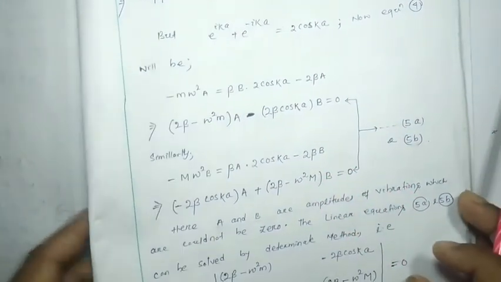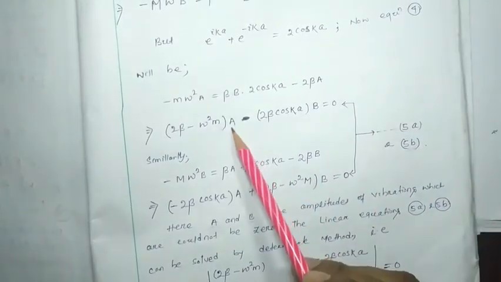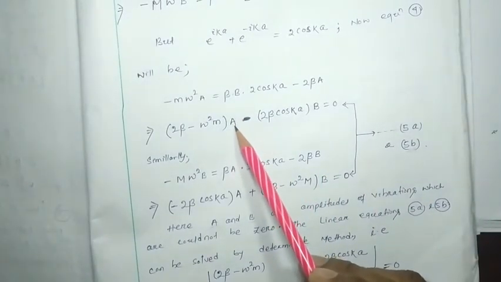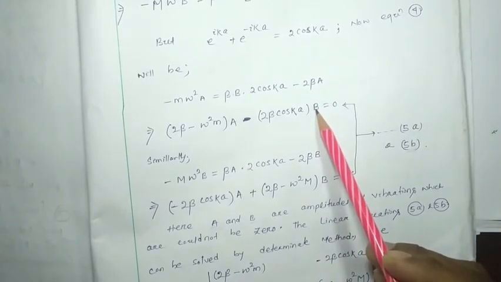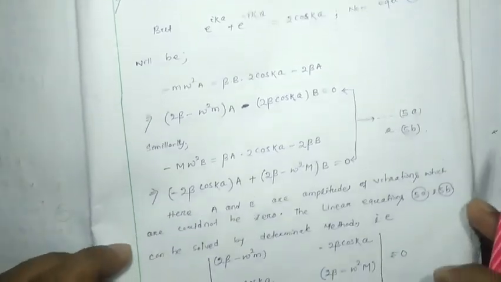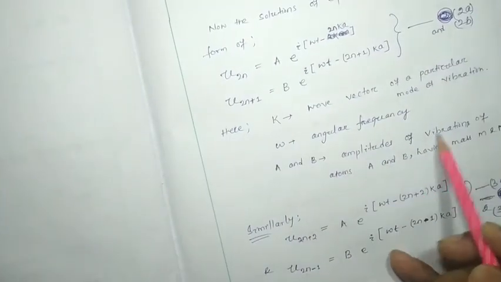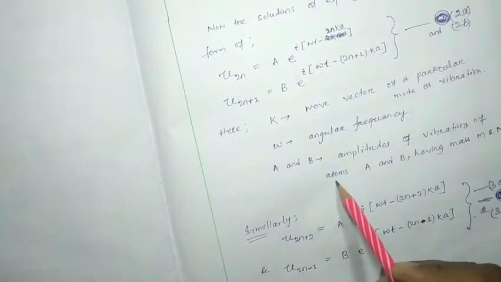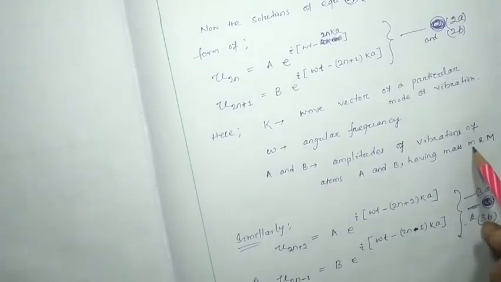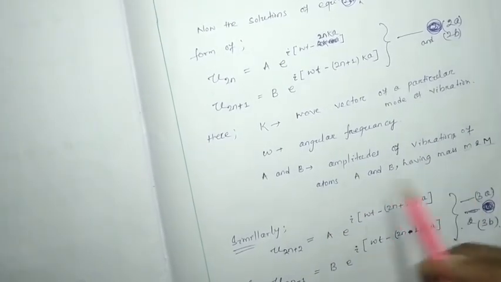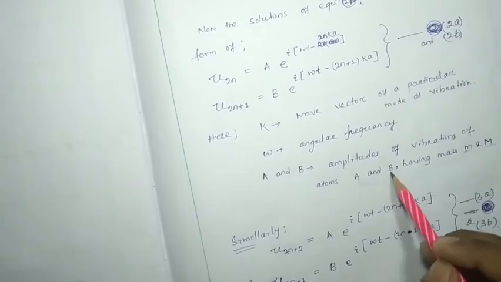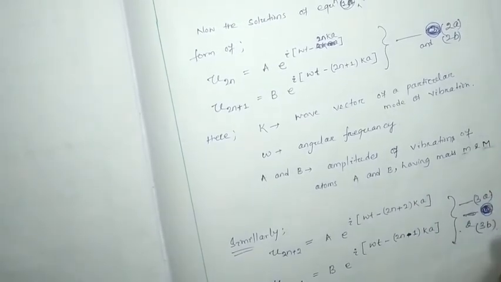We consider these two equations because a is the amplitude of the smaller mass and b is the amplitude of the larger mass. From the beginning of our discussion I told you, you can check your notes, that A and B are amplitudes of vibration of atoms A and B having masses m and M. That means A belongs to the smaller mass and B belongs to the larger or heavier mass.